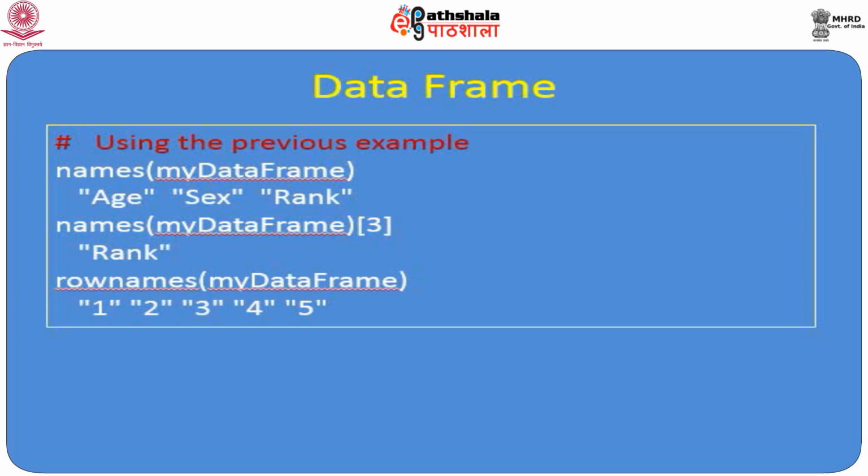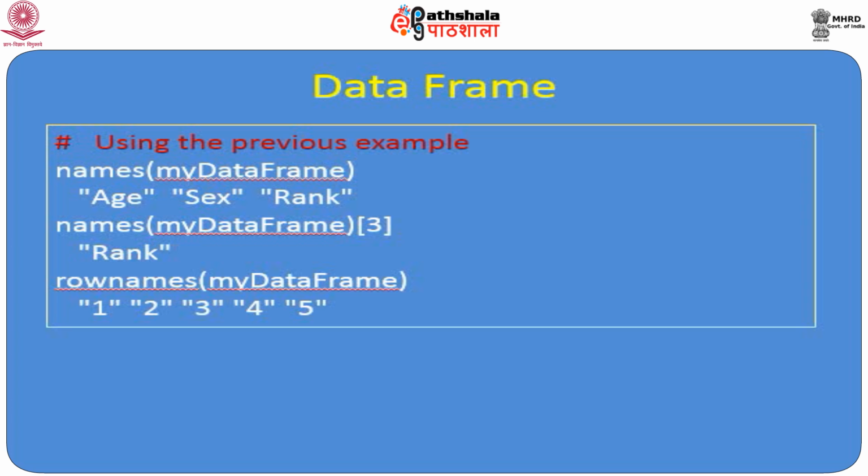Here, as we know, the column names are age, sex and rank. We know this beforehand because we named them. So, how to find the name of any of the columns particularly? Use the column number within the third bracket along with the previous code, and you will have the desired output. Like here, we have the name of the third column as rank.